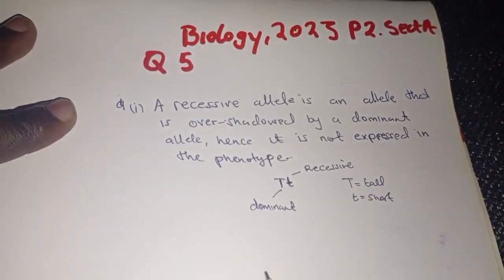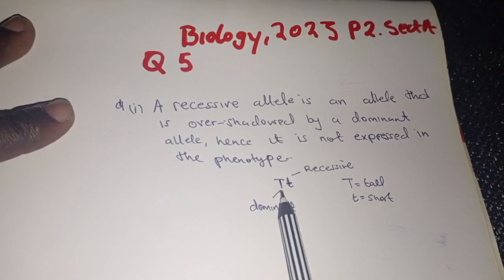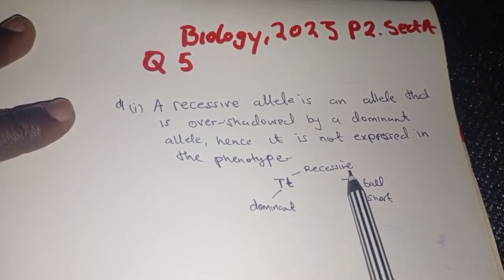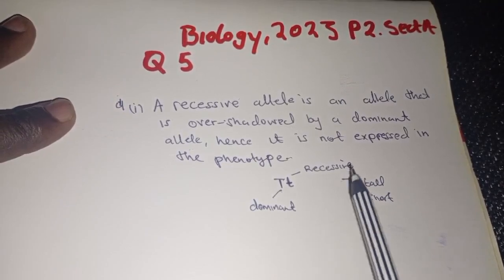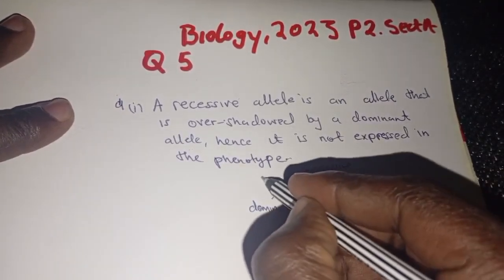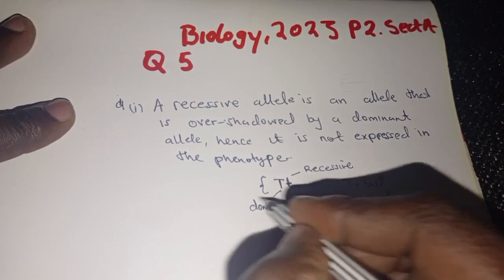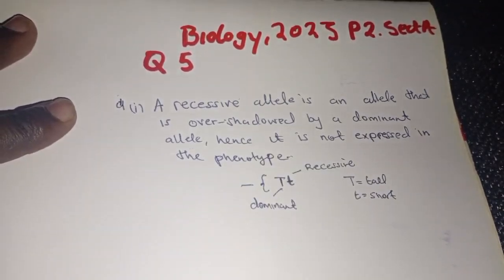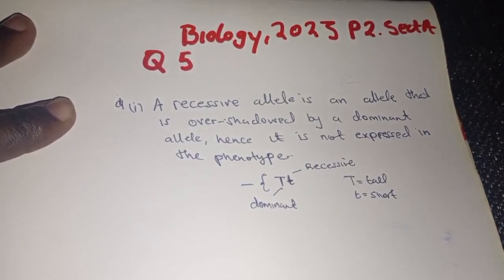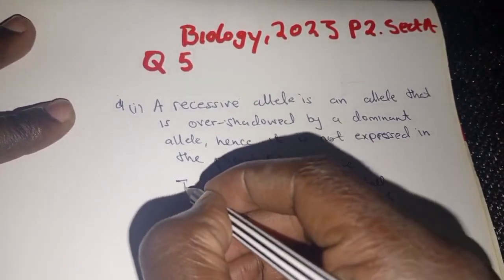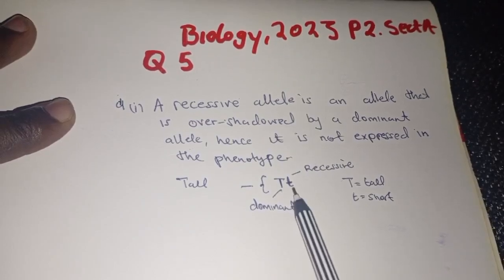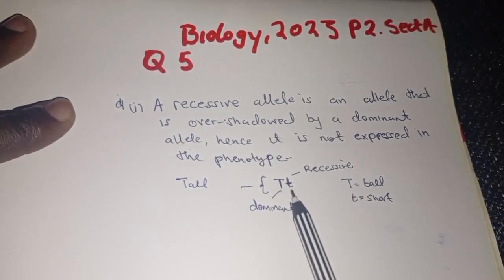Each person will inherit one allele from maybe the father and the other allele from the mother. In this type of genotype, the phenotype, meaning what is expressed, what you are going to see on the outward, we are going to say is tall, even though there is an allele for shortness.